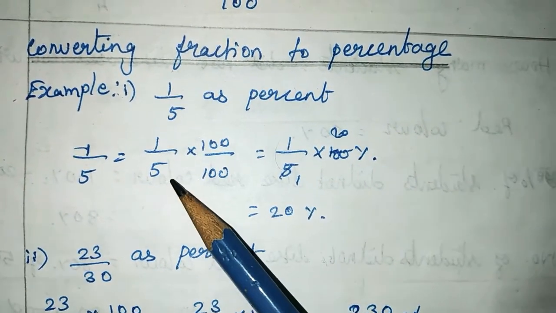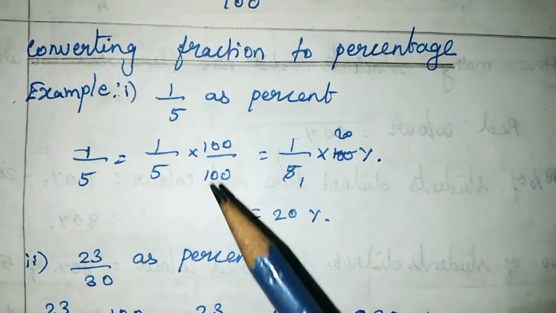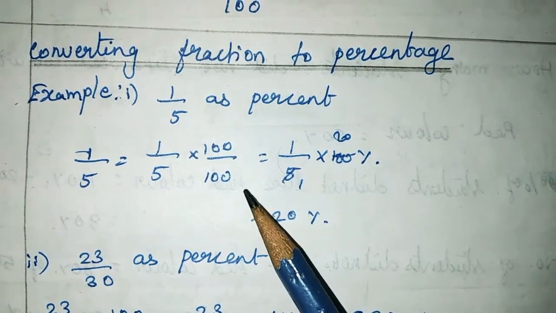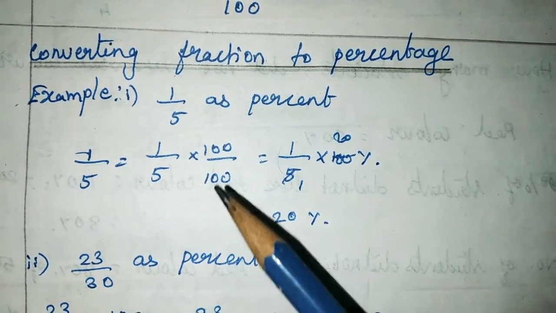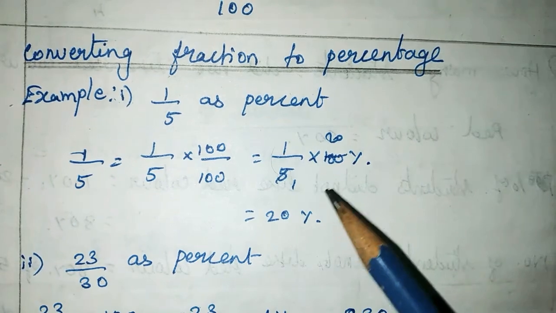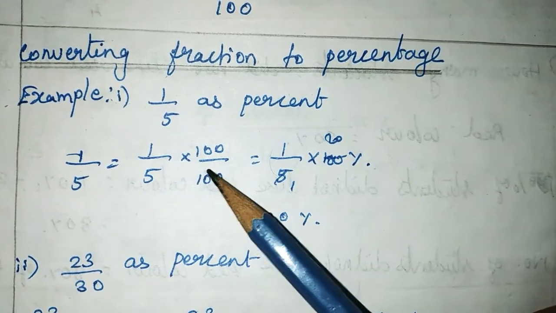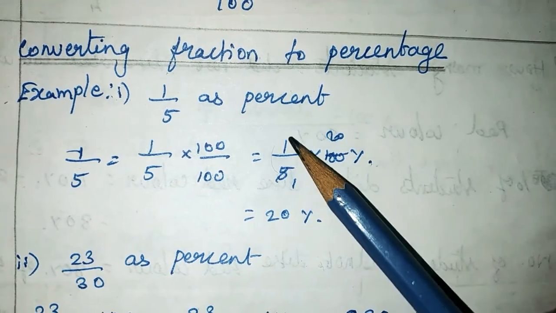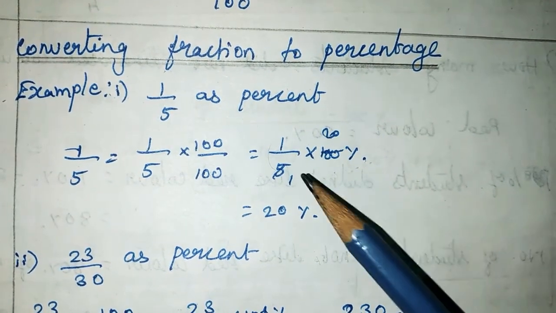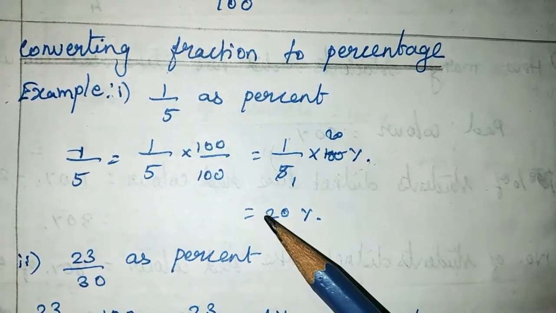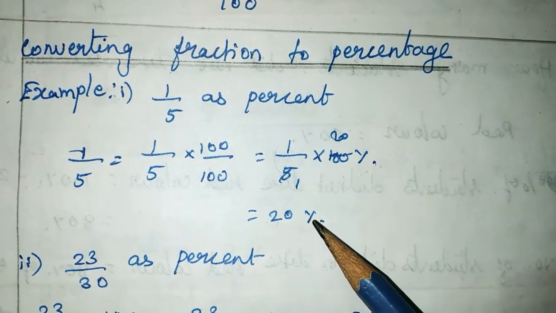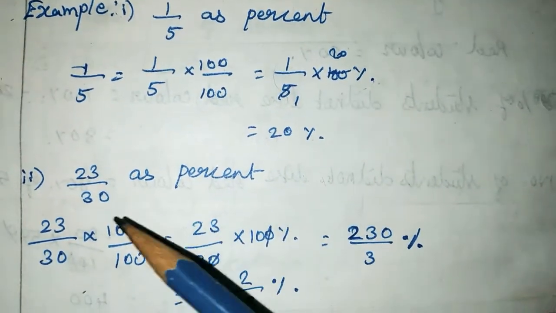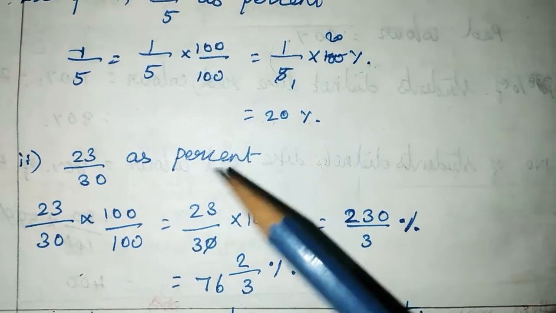To bring the denominator to 100, we multiply numerator and denominator by 100. Then 100 by 100 can be written as 100%. Since the denominator is 100, this can be written as percent. After writing 1 by 5 into 100%, we cancel the common factor and we get the answer as 20%.